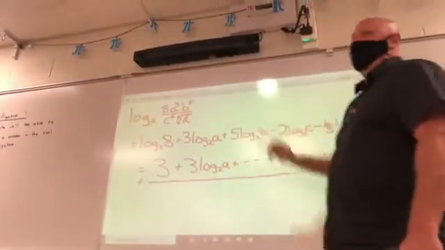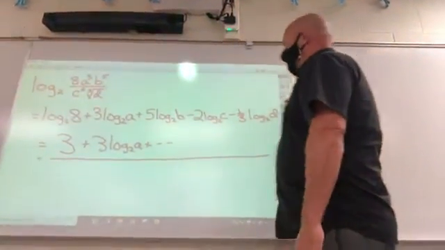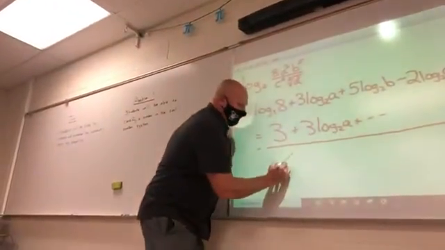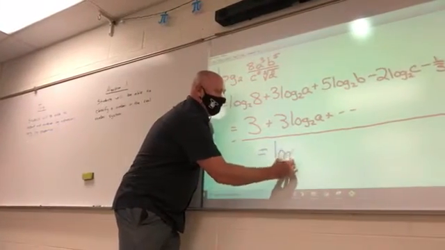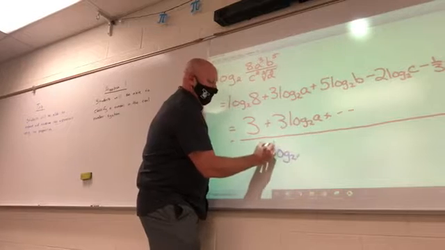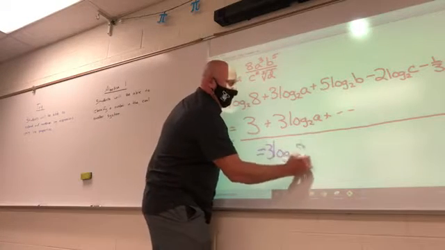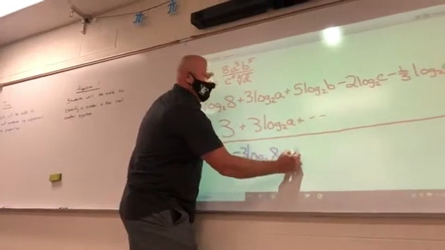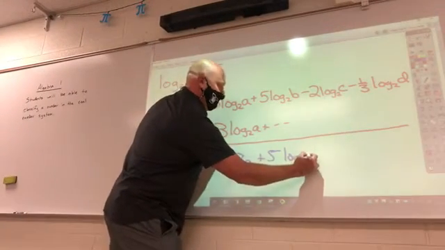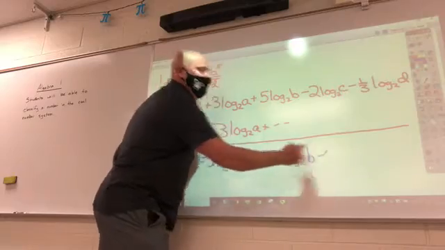This problem right here. For whatever reason, I see people do this all the time. They go, well, that's the same thing as log base 2 of, I'll put the 3 out in front, and 8a plus 5 log base 2 of b minus.